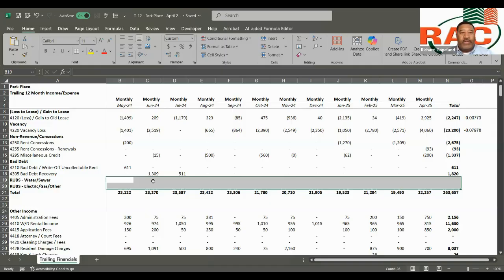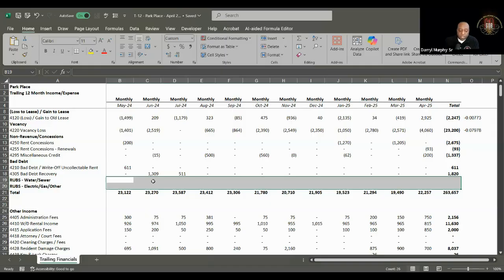Market, what's going on in the market? Correct. So you see that there's no RUBS there, but what's also going on in the market? Are the other apartment complexes not charging the RUBS? Because if the other apartment complexes are not charging the RUBS, you're not charging the RUBS either. I can tell you that right now.